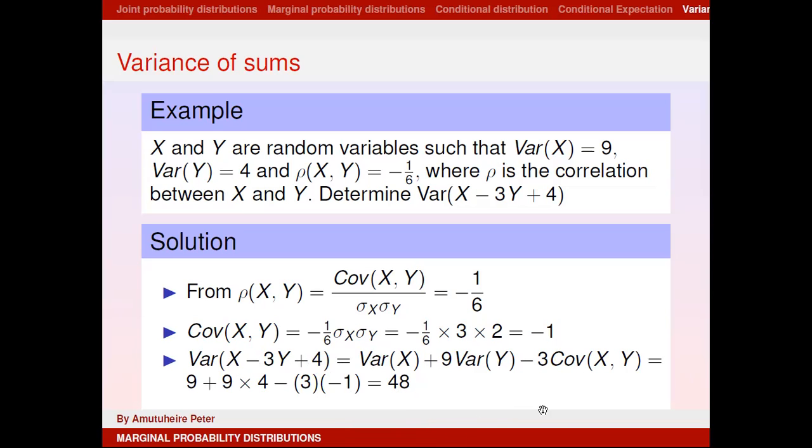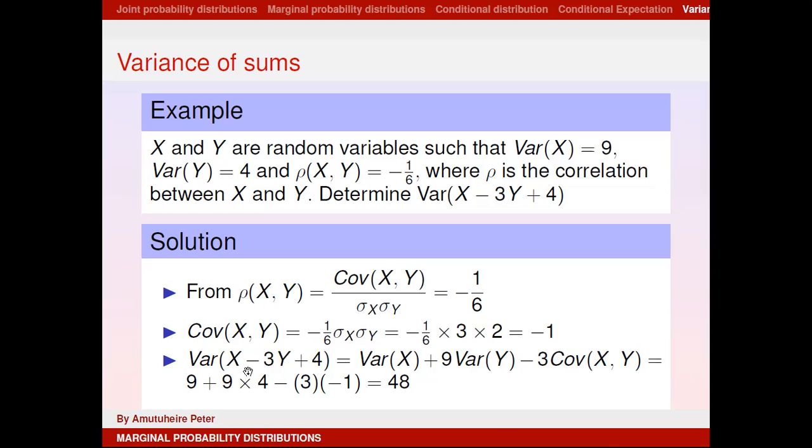Excuse me, sir. Yes, please. You're saying the formula is a squared variance of x plus b squared var of y plus 2ab covariance. Yes. But why do you have a -3 instead of a -6? No, it's not a -6.